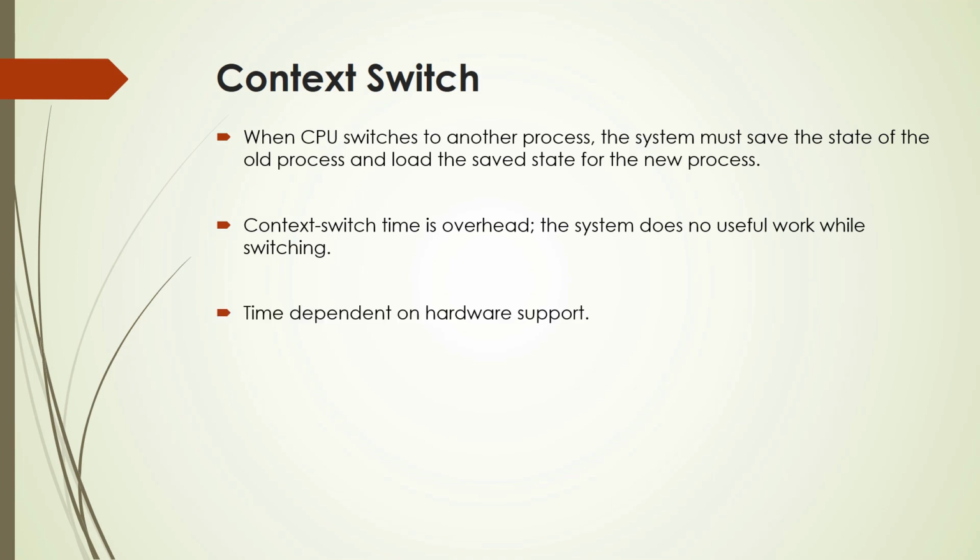Context switch is also dependent on the hardware support, so that the CPU time is utilized to its maximum and the time wasted between the switches is minimum. So that is about context switch. Thank you.